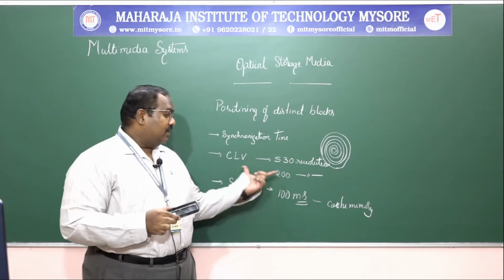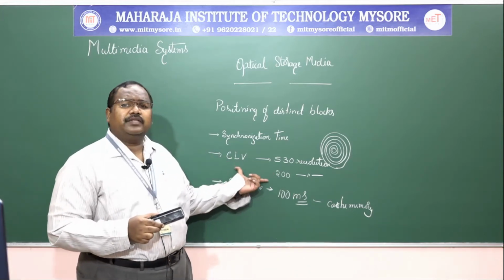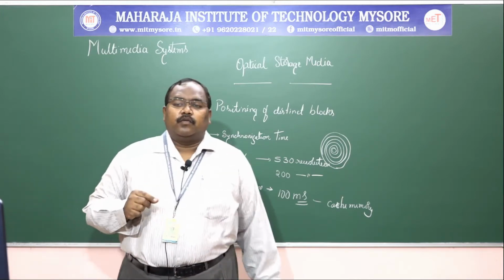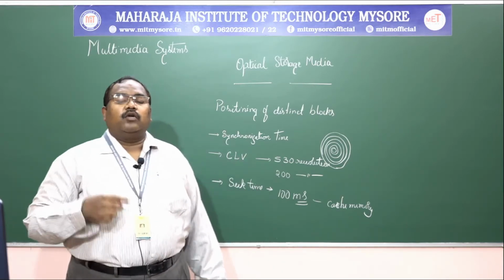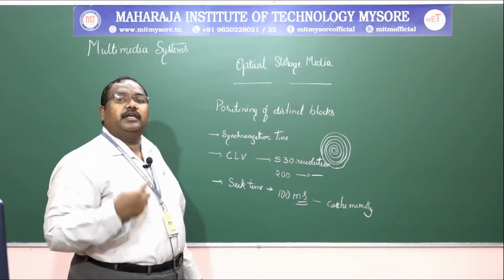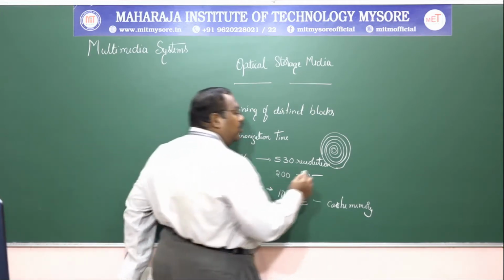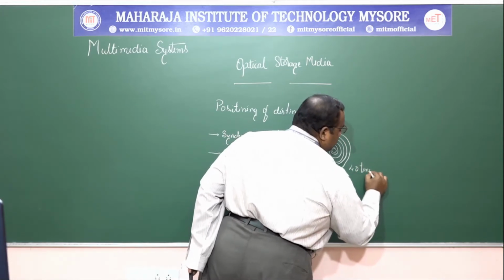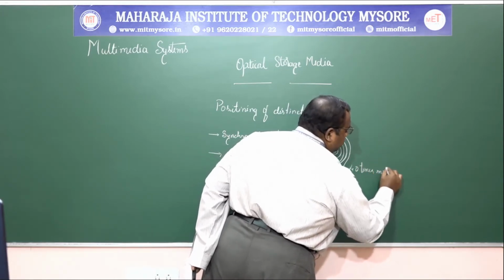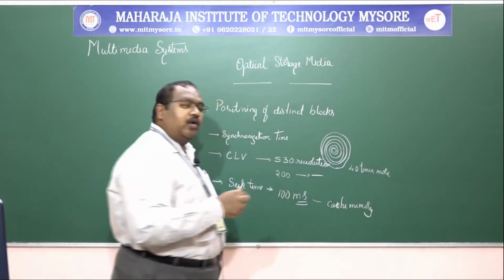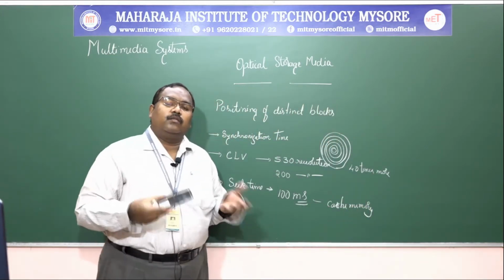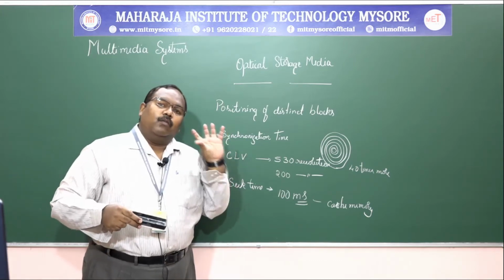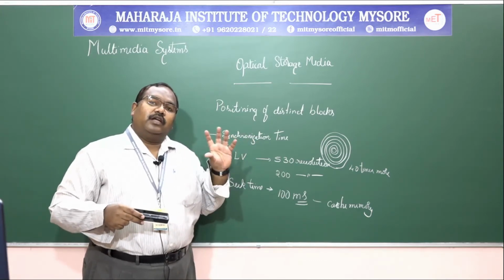And again, this limitation is also overcome by speeding up. With speeding up, the rotation speed has been increased by 40 times. So when we talk about constant linear velocity and the rotation speed has been increased, we can have more revolutions.